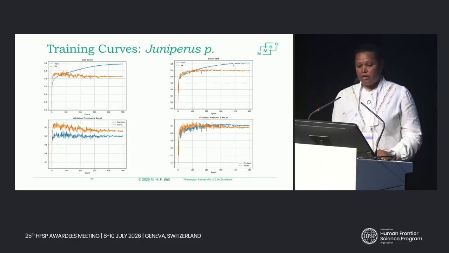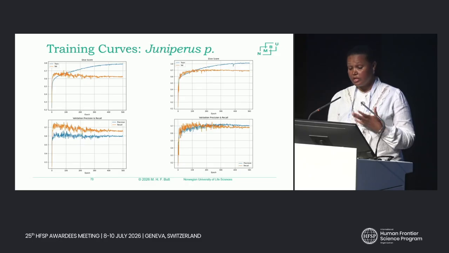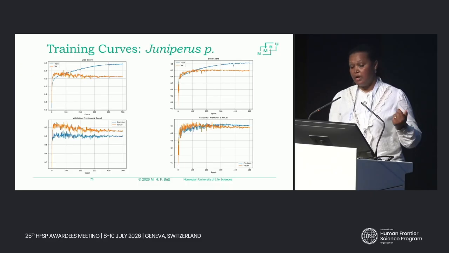Yeah, so these are the reports of the DICE score and the precision and recall. The one on the right is when we used only 3 disks. The reason why we started with very limited samples is because when tree rings are used for climate or paleoclimate reconstruction, it is required to have different samples from different time periods.